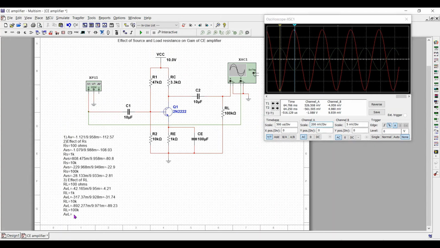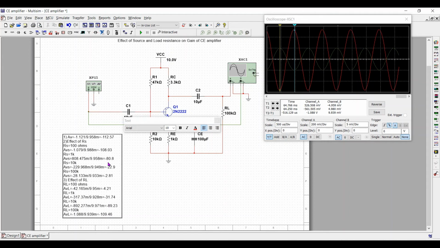So it is minus 1.088 volts divided by 9.939 milli, approximately minus 109.46.